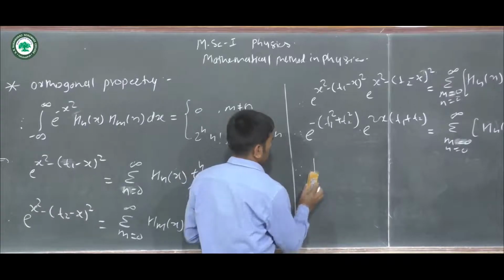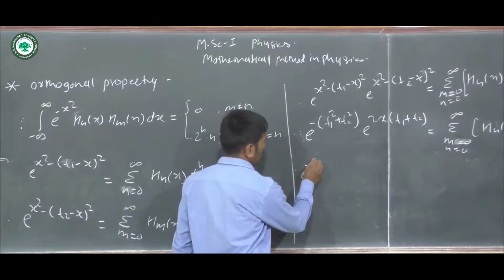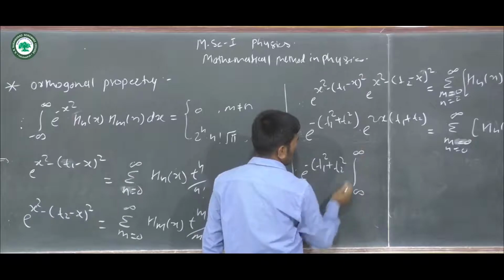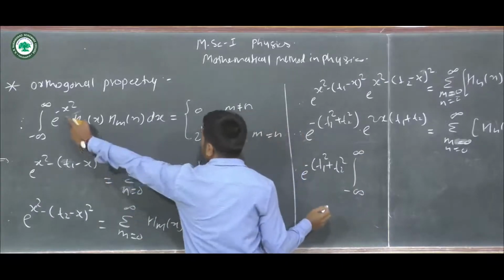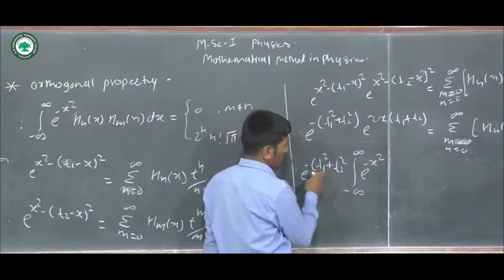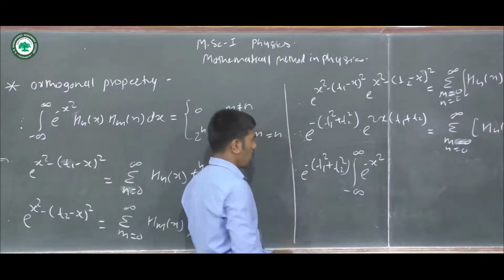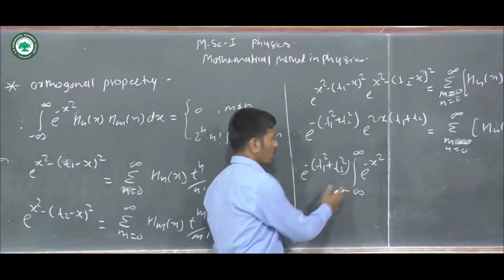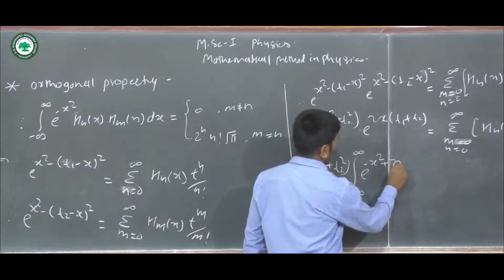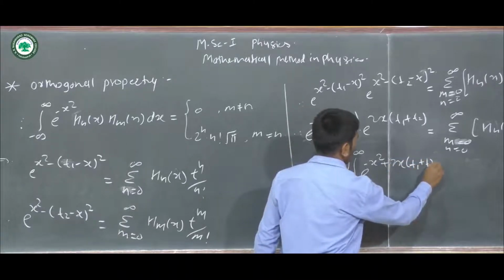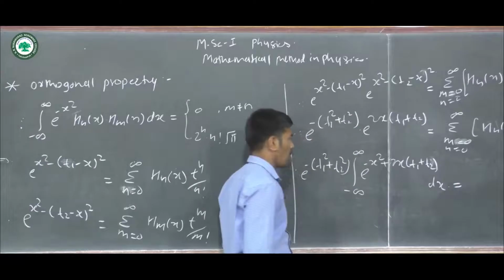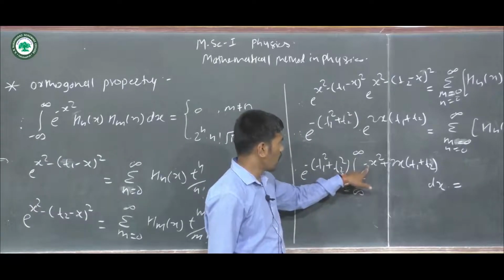So we can write e raised to minus (t1 square plus t2 square), integration over minus infinity to plus infinity, and if we multiply with e raised to minus x square, it is e raised to minus x square plus 2x (t1 plus t2) dx, because we integrate with respect to x. This power is only a function of t, so that is why I take it outside of the integration.